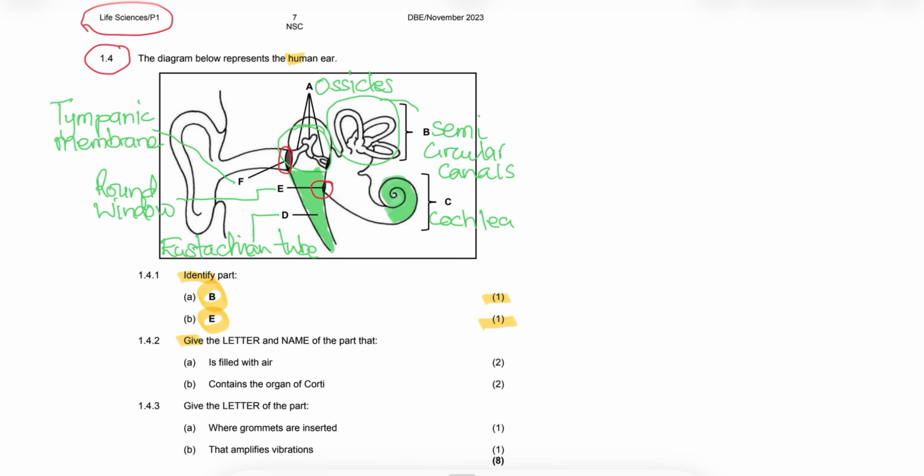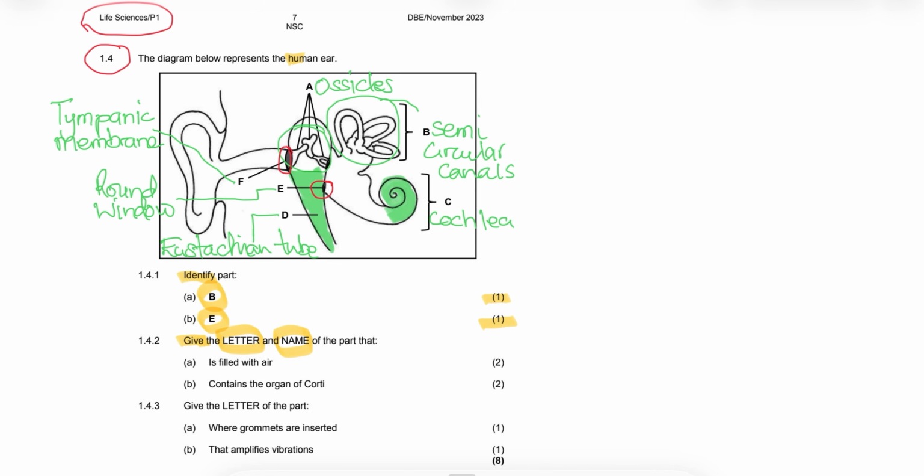4.2 is asking you to just give. All right, you are just giving. You are stating the letter. That's one. You are also stating or giving the name. So it's 2 things that you are giving in this question.